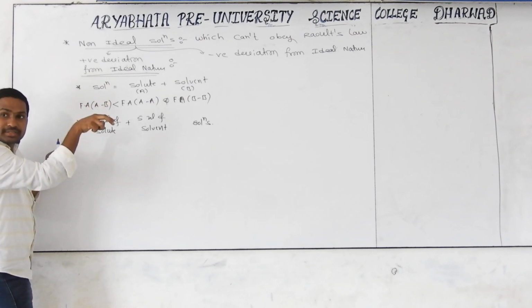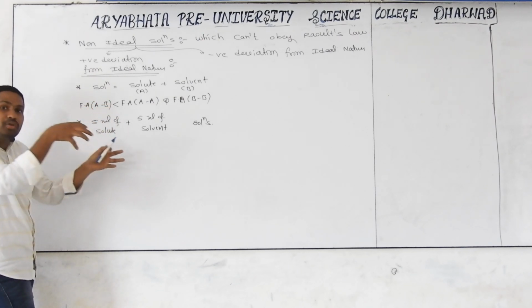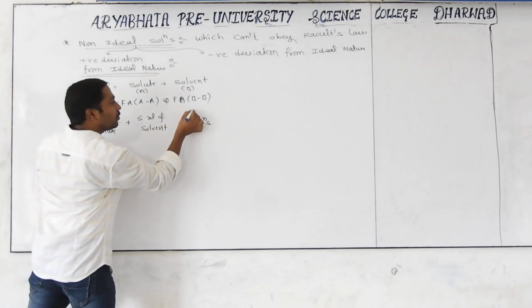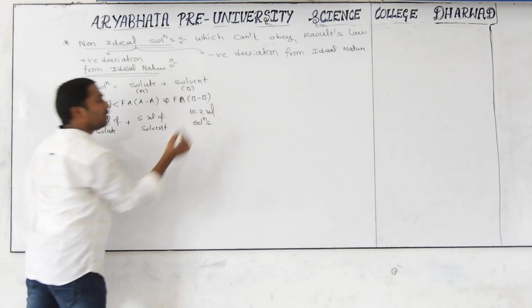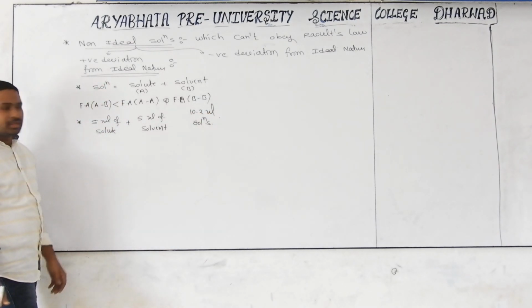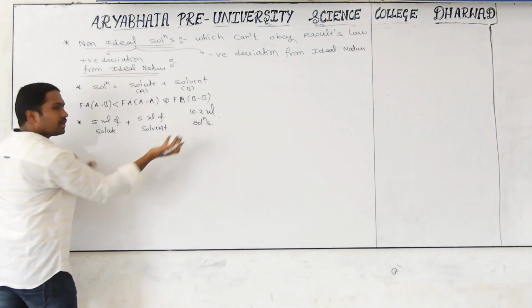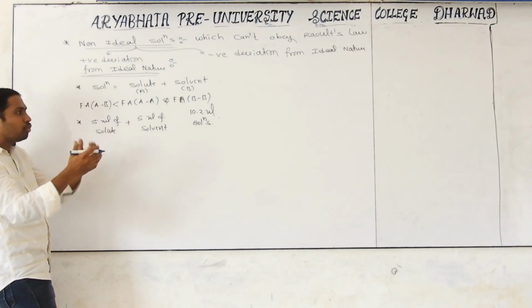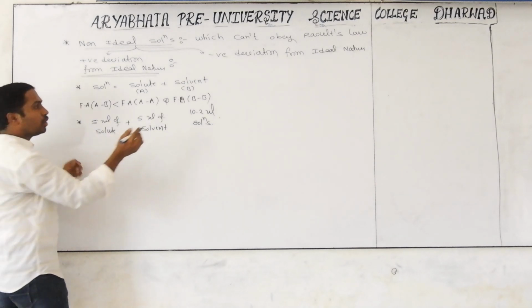The force of attraction is decreasing, which means the volume occupied by the solution will increase. It comes to around 10.2 ml of solution. In the solution the force of attraction is less, so the volume will be more than the sum value.